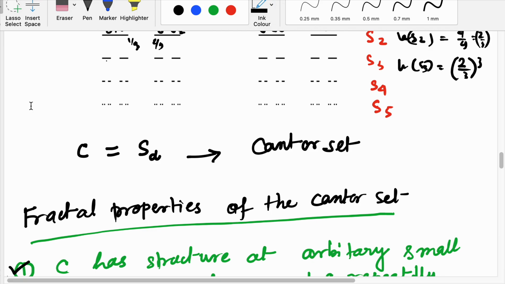It looks exactly like the whole Cantor set. That is the self-similar property I am talking about. But what do we mean by this complicated looking structure at arbitrarily small scale? I mean that at arbitrarily small scales, the points are separated by variable size gaps. These variable size gaps create a complicated looking structure.